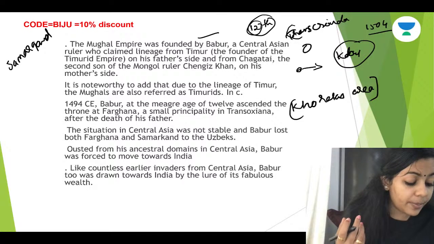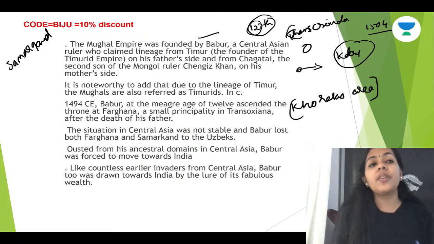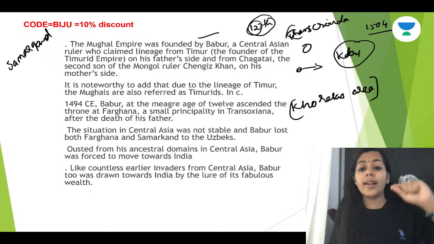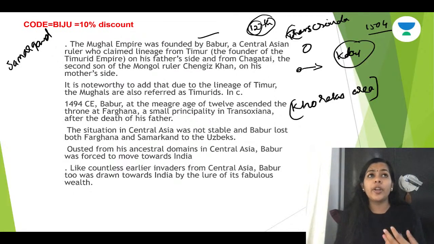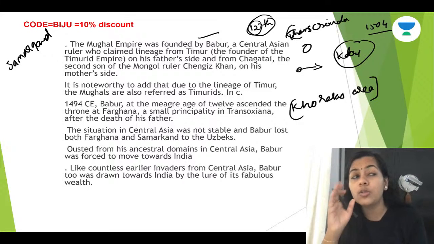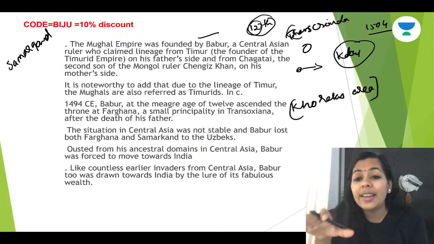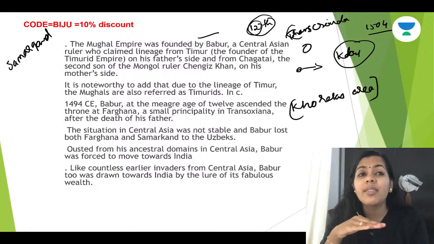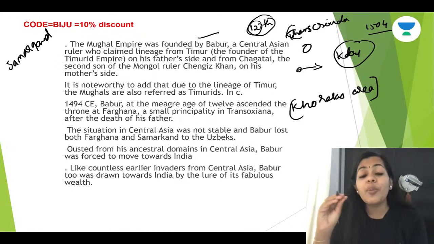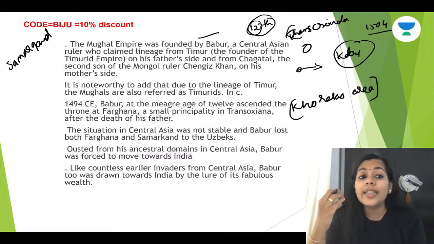This enabled Babur to become ruler of Samarkand with Iranian help. He tried to conquer with the help of the Iranians. Again the Khorasan area had many problems and political instability.